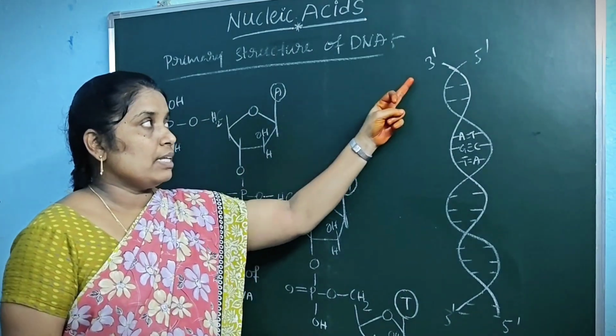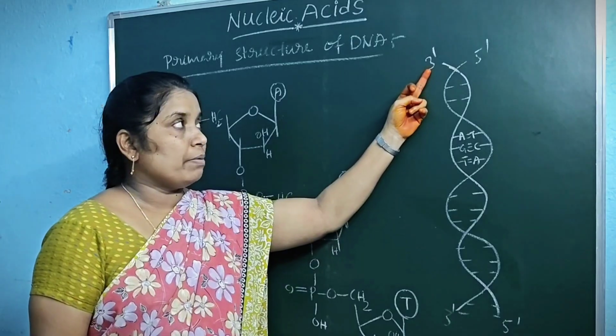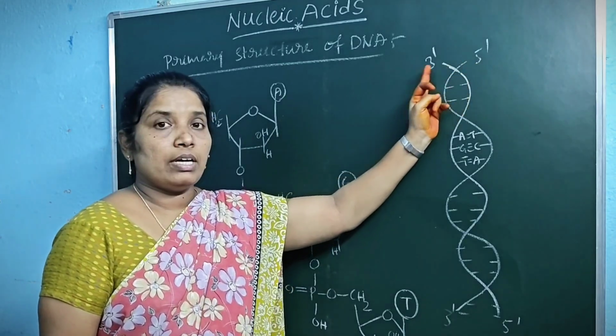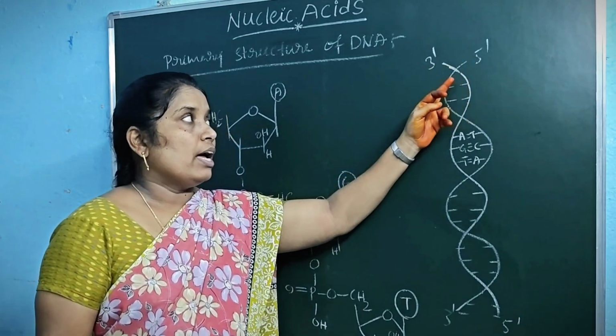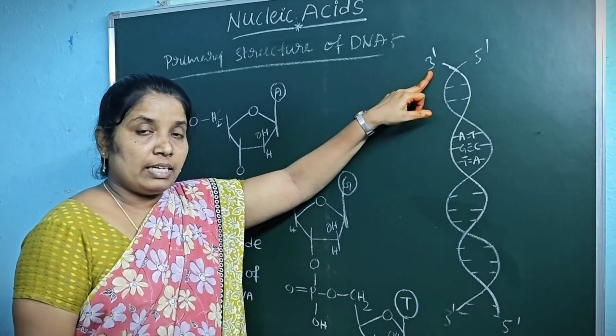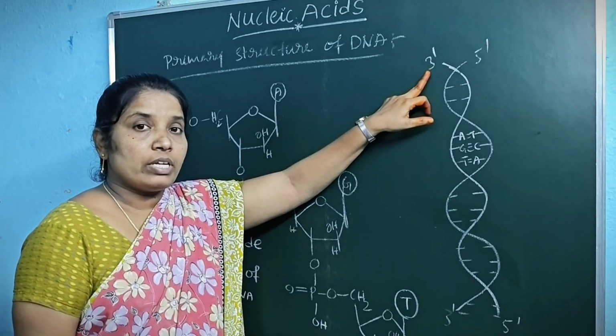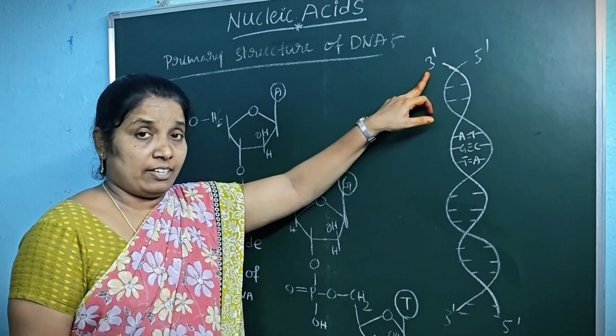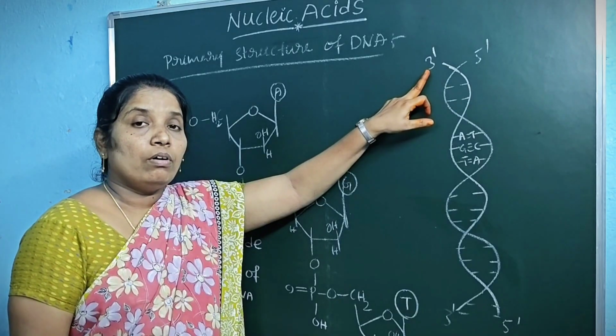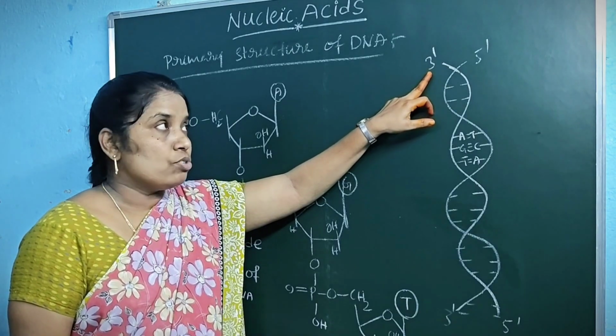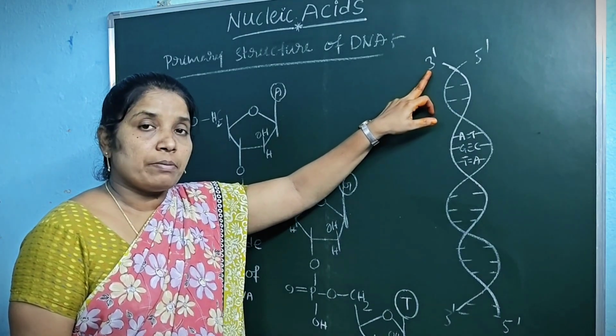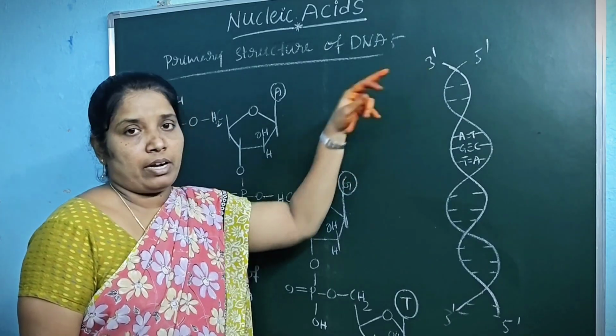So here you can see the primes, 3' and 5'. They are opposite to each other. At this end, the sugar has a free 3' OH group. There is no phosphate group. So the free OH group is represented as the 3' end.